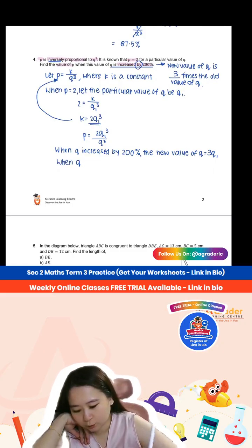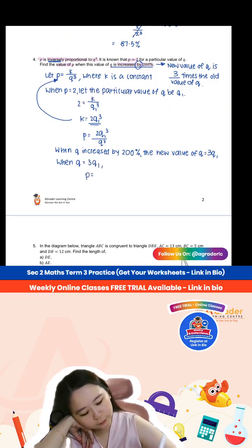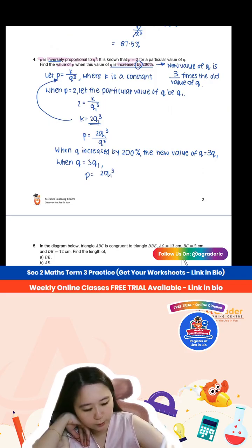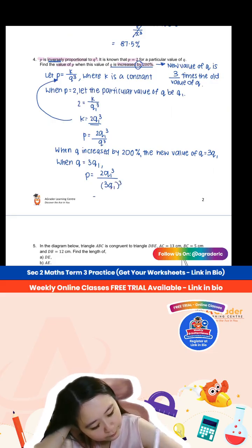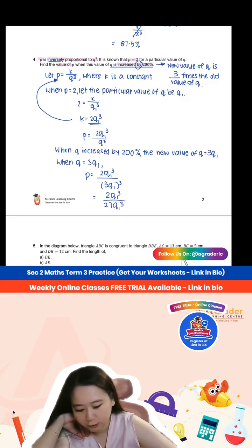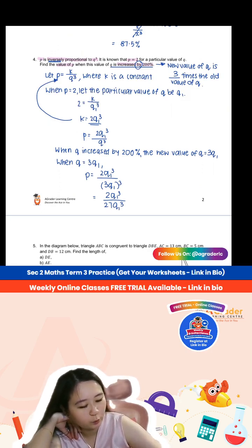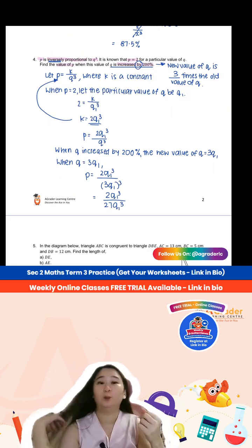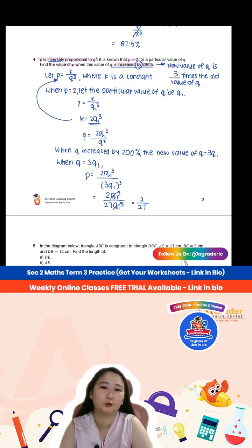When Q equals 3Q1, P will be equals to 2Q1 cube over 3Q1, the whole thing cubed. 3 cube is 27, then I have Q1 cube. So I can cancel the same factor, means I'm left with 2 over 27. So my value of P is 2 over 27 when Q increased by 200%.